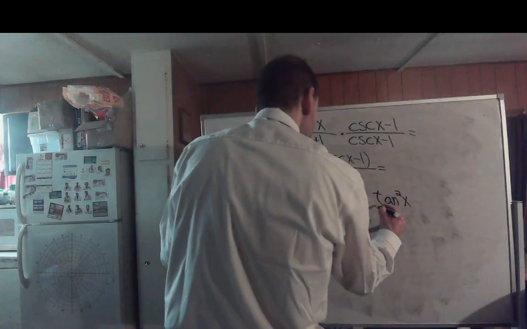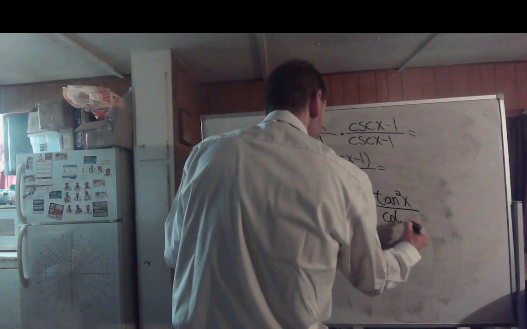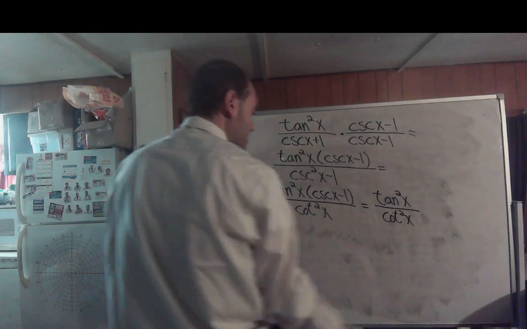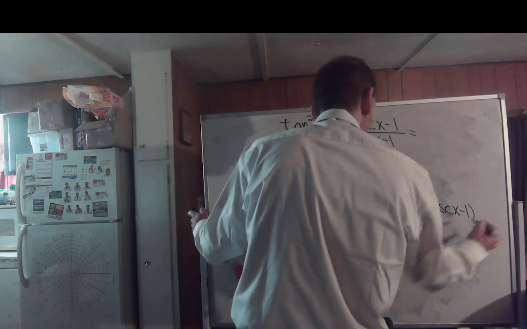Well, we can think of this as the tangent squared of x all over the cotangent squared of x, all that times the cosecant of x minus 1.